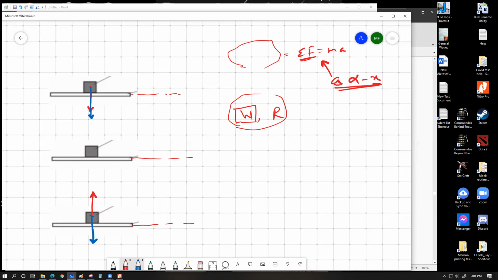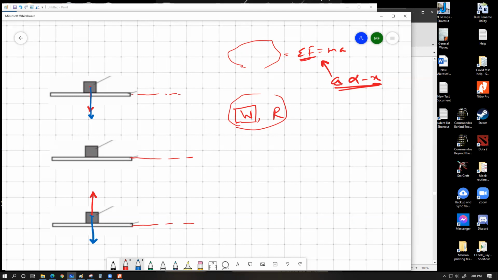For the top position, the resultant force is working downwards. The weight is also working downwards. If there is a bit of a difference, for example, in this case, the required resultant force to maintain simple harmonic motion is somewhat smaller than the weight, which means of all the weight that the cube has by virtue of the gravitational force, it will use a small portion of that force.